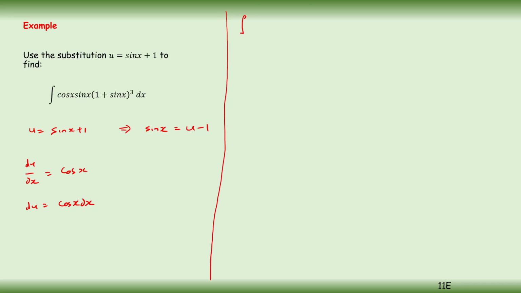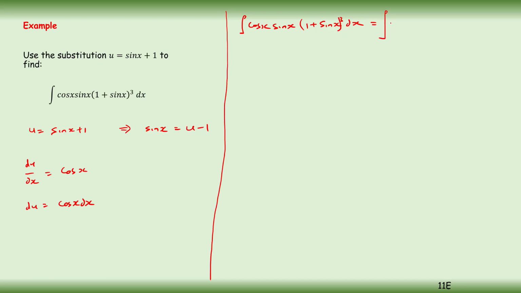I've got the integral then of cos x sine x, 1 plus sine x cubed, with respect to x. So we can substitute. Let's do that. I tell you what, before we substitute, let's rearrange.